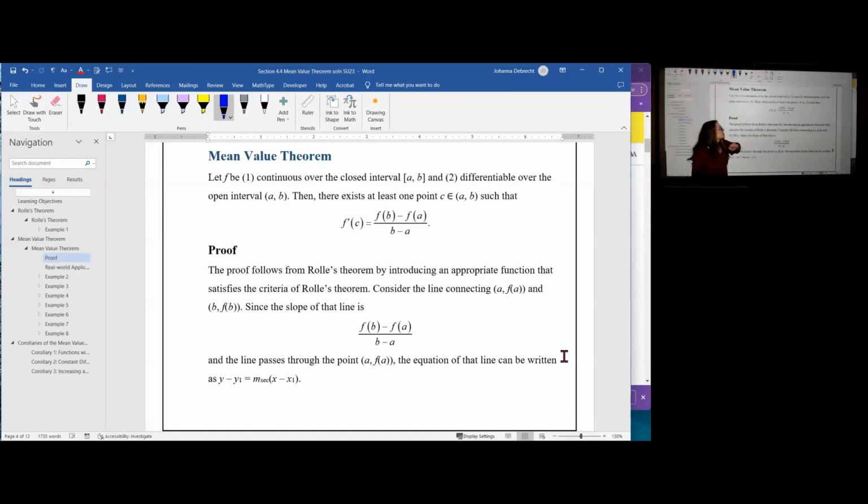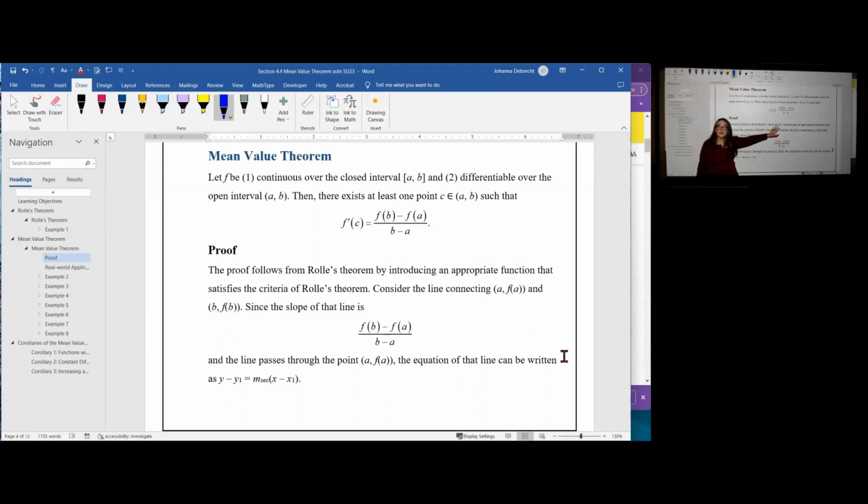There is no third condition. The conclusion, then there exists at least one point c in the open interval a to b, such that the slope of the tangent line, f prime of c, is equal to the slope of the secant line, the difference quotient, f of b minus f of a over b minus a.